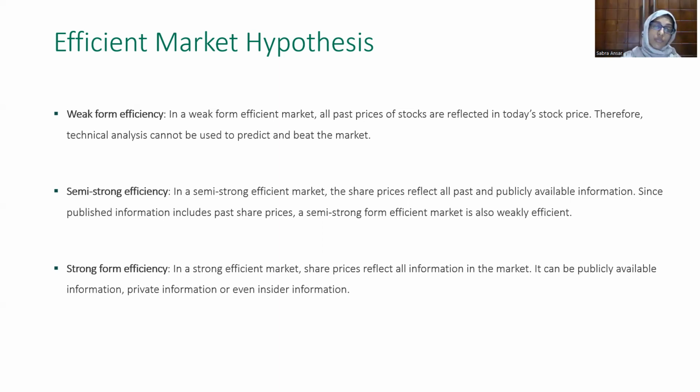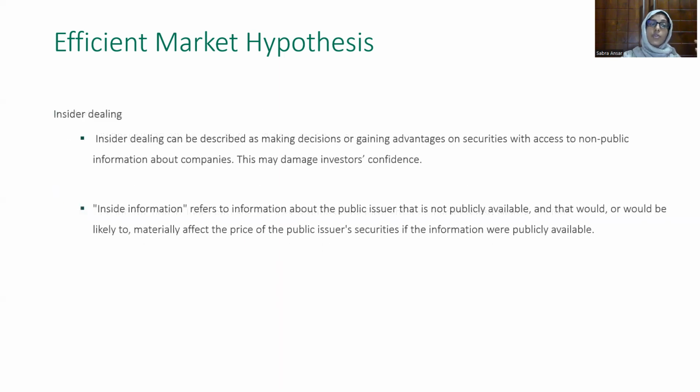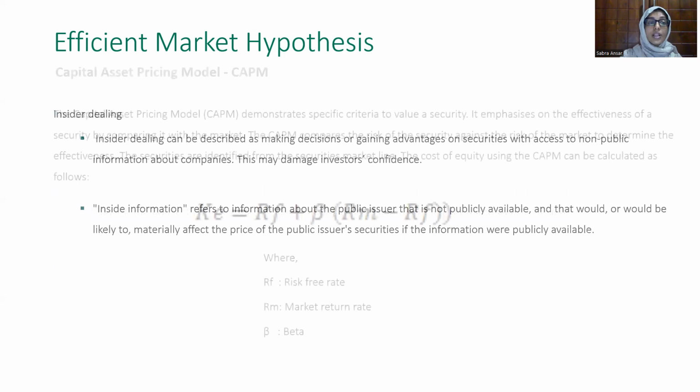However, when it comes to the strong form, share prices reflect all information in the market, which is publicly available information, private information, and even insider information. Therefore, it is considered the strong form of efficiency. Thereafter, we spoke about what insider dealing is and what insider information is as well.